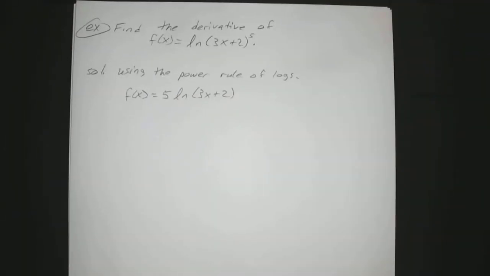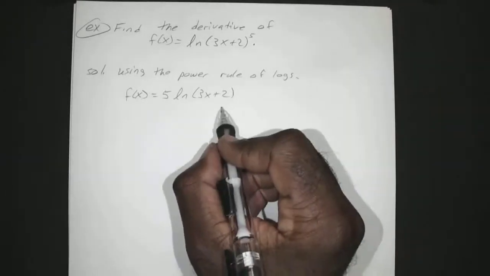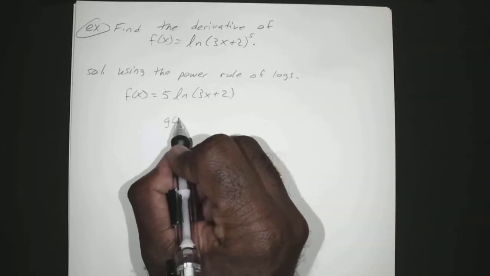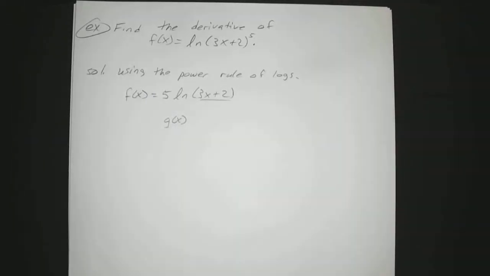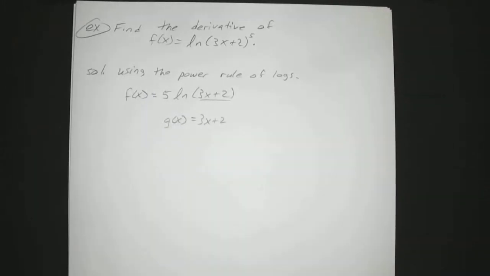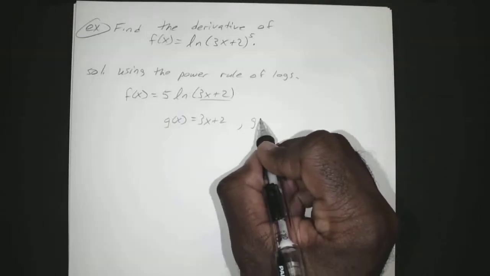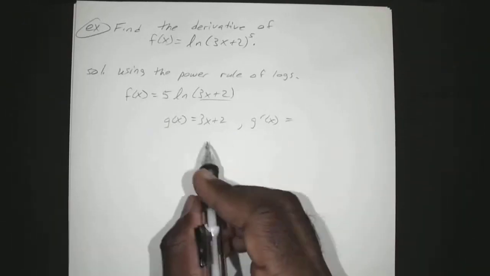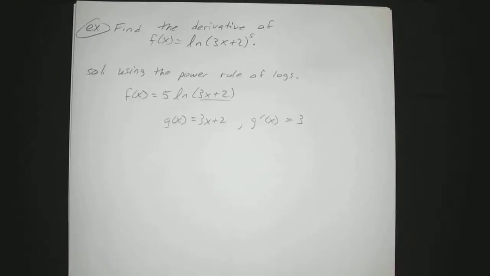Okay. And now we can just find our f prime of x. Where if g of x is equal to 3x plus 2, which means your g prime of x is equal to 3 once you differentiate that one.